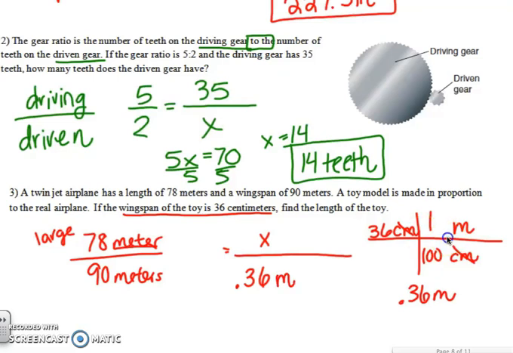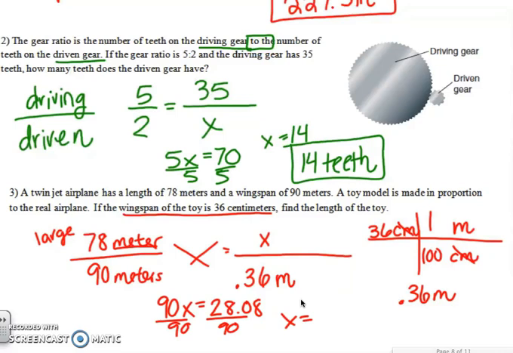Now, we could have changed these to centimeters. It's pretty much just up to you. I wanted to do less work and only change 1 unit. So when I cross multiply, you would have 90x equals 28.08, divided by 90.